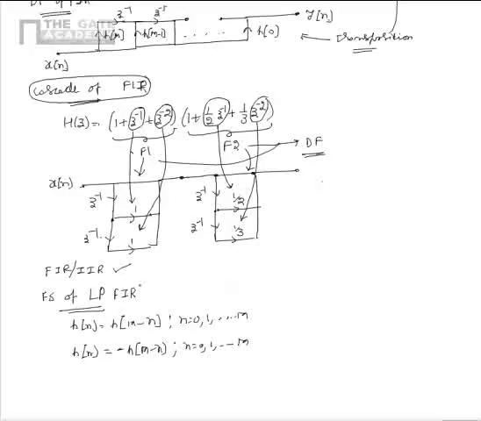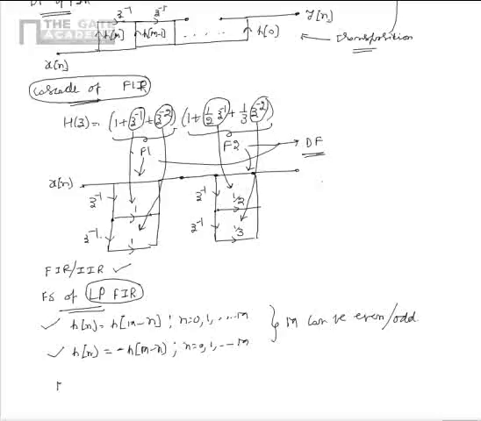So here we will be discussing linear phase FIR systems. In case of linear phase FIR systems, the impulse response can satisfy the conditions given, where M can be even or odd.